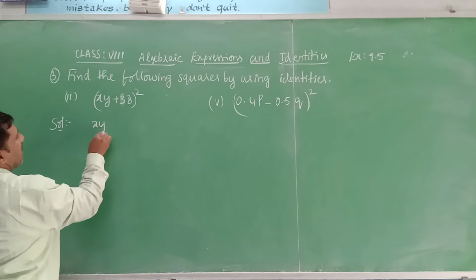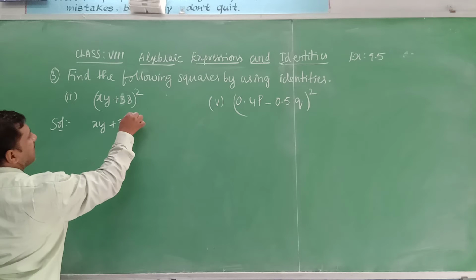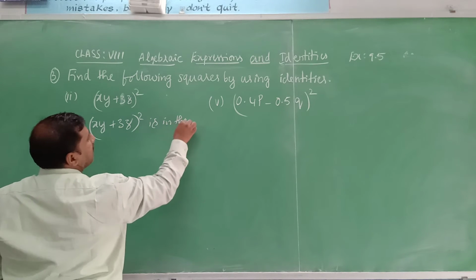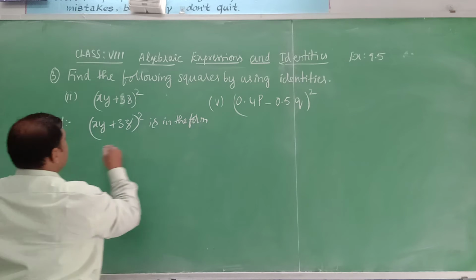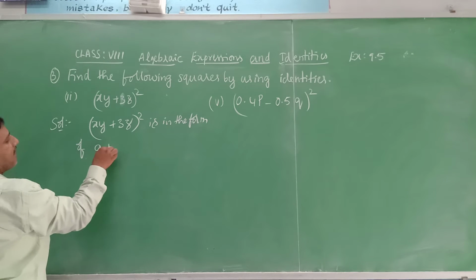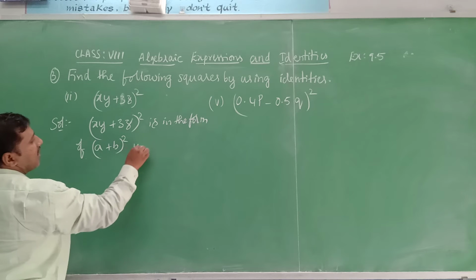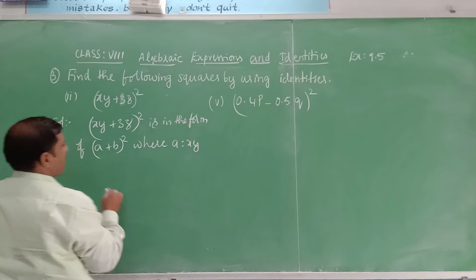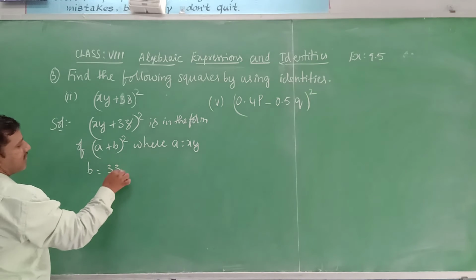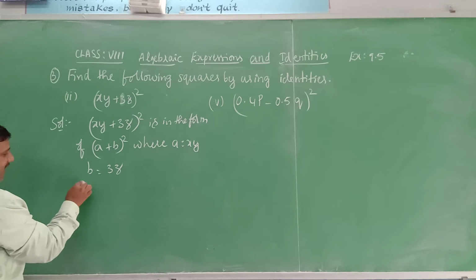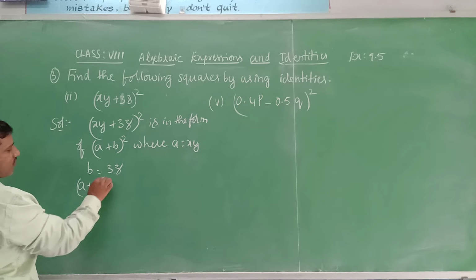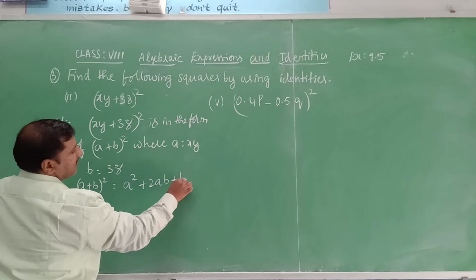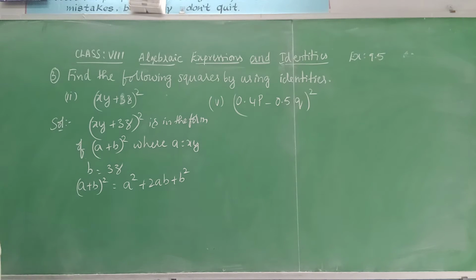So here xy plus 3z whole square is in the form of a plus b whole square, where a is equal to xy and b is equal to 3z. Now what is that identity? It is a plus b whole square is equal to a square plus 2ab plus b square.